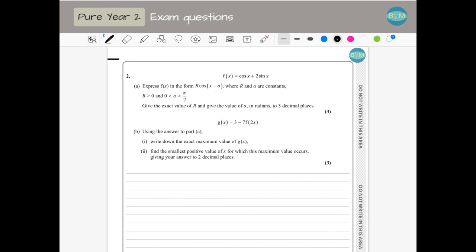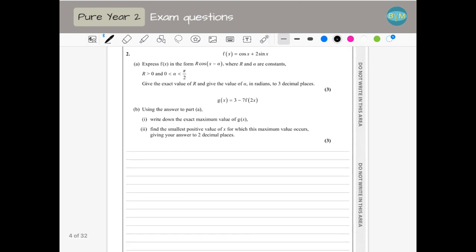So remember, when we have these questions, we always do it the same way. We have our initial expression, cos x plus 2 sine x, and we are going to make it equal to R cos(x minus alpha).